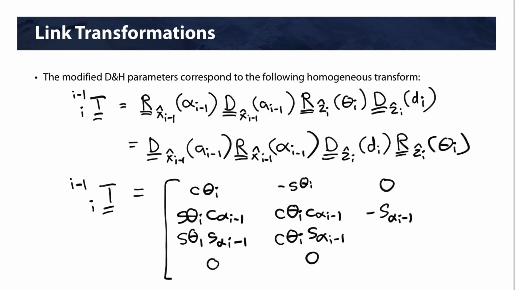And then we have C alpha i-1, 0. This block here is our rotation part, and then we have our translational part.